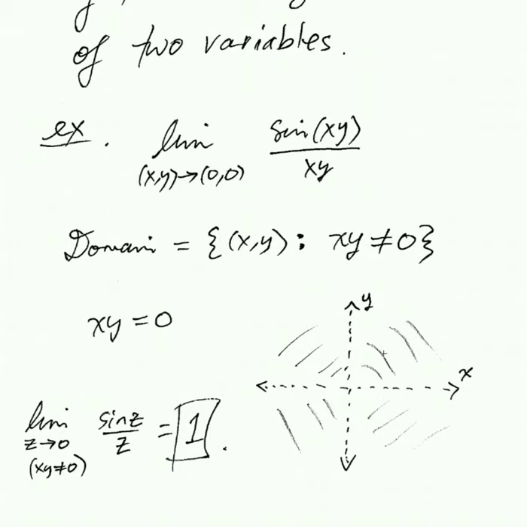Everywhere else, if you stay away from those points on the axes, you've got the function existing there. Is the domain of this function open or closed? Think about it. Look at the set here. Did you say open? You're right.